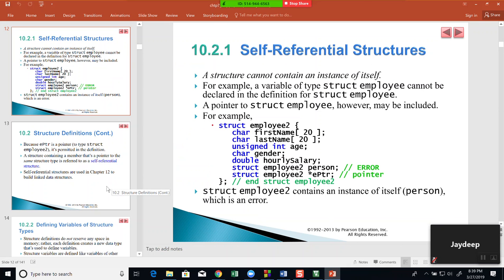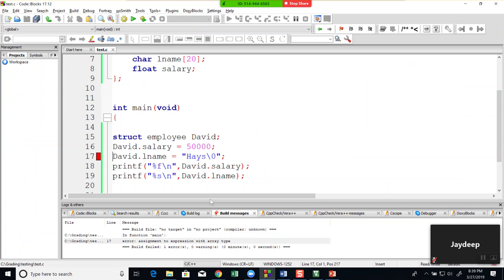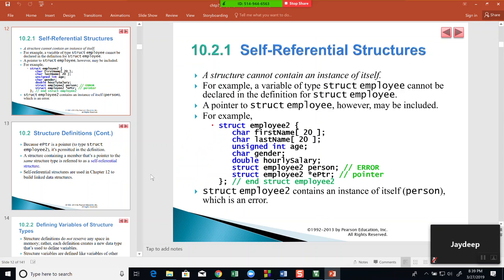Let's see if they give how to do that. Because I just wanted to hard code it. I didn't want to do gets or anything.